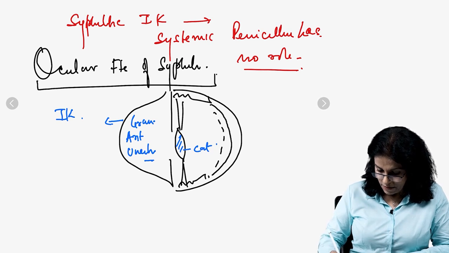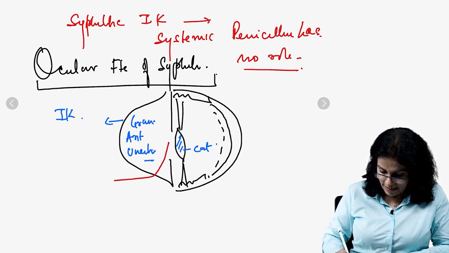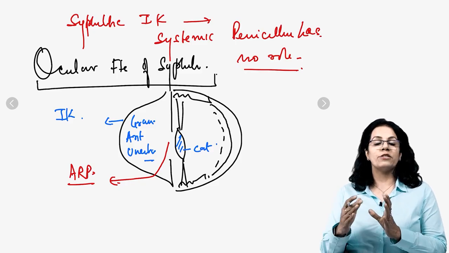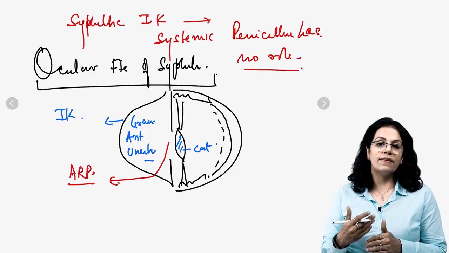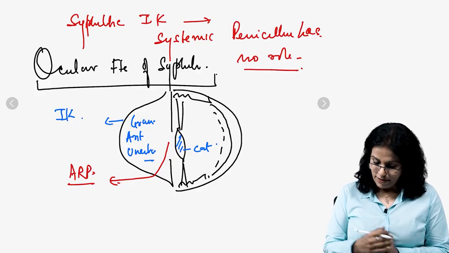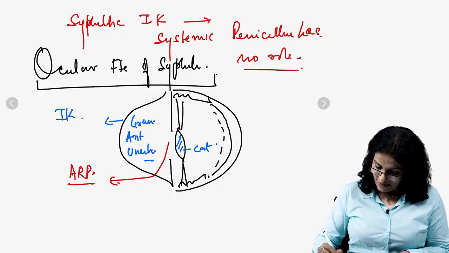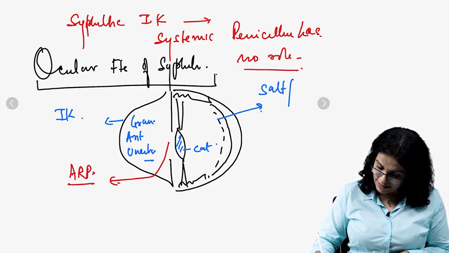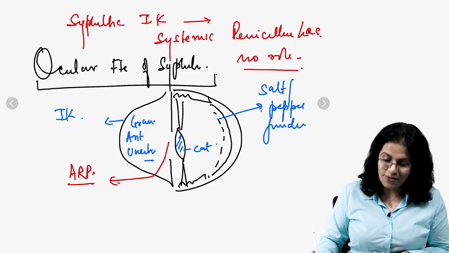And of course, let's not forget in the pupil, in neurosyphilis, it can lead to Argyll-Robertson pupil. What was Argyll-Robertson? ARP, accommodation reflex present and light reflex absent. And lastly, we have learned this in the retina. We will write here salt and pepper fundus. Okay, so this way you will never forget the ocular features of syphilis.